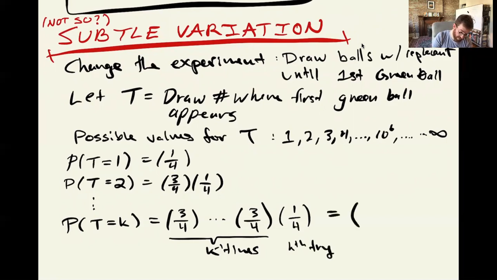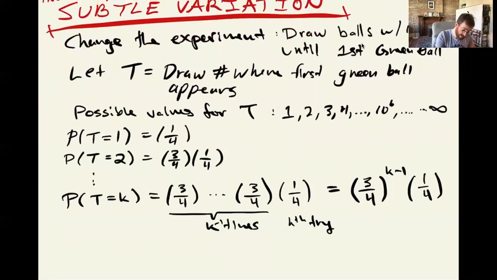So we can write that more compactly as 3/4 raised to the k minus 1 times 1/4. So this actually gives us another random variable, which we call the geometric random variable.